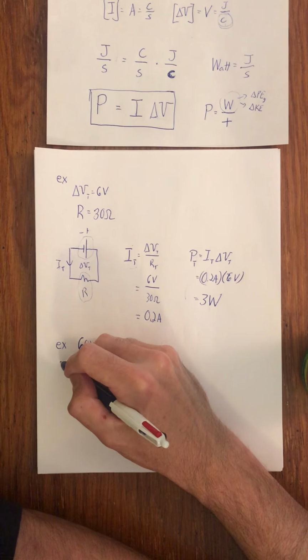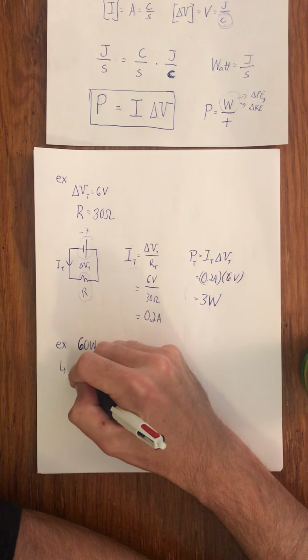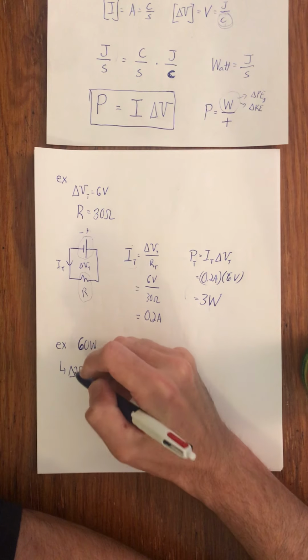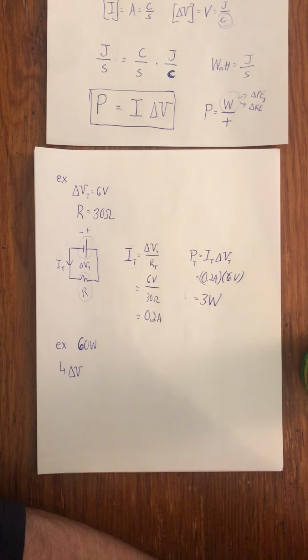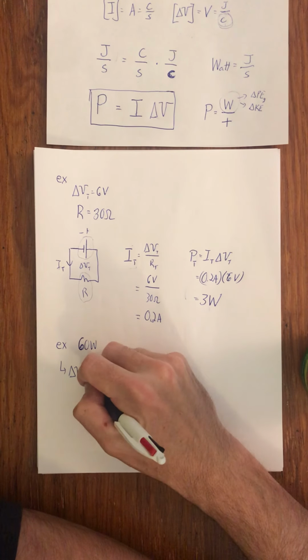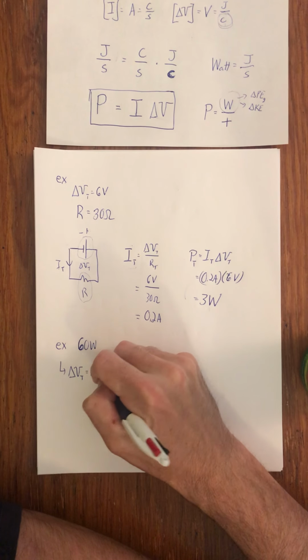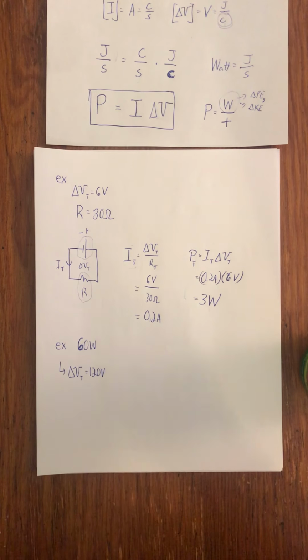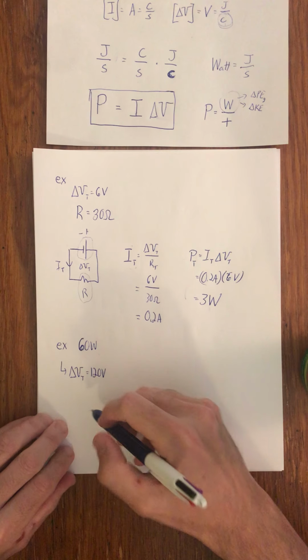What you have to know is that in the United States, the voltage supplied when you plug into the wall, the terminal voltage, is 120 volts. So really, there's a certain resistance that that light bulb has. Let's find out what that resistance is.